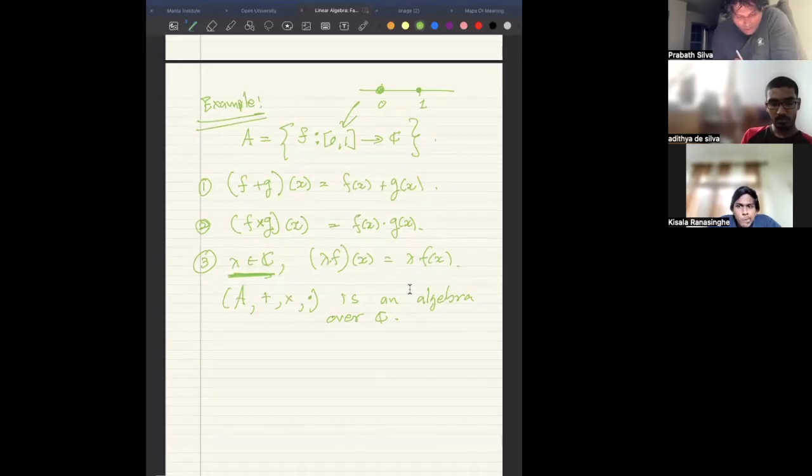And actually, in this case, you can show that this thing is commutative, meaning that f times g is equal to g times f.